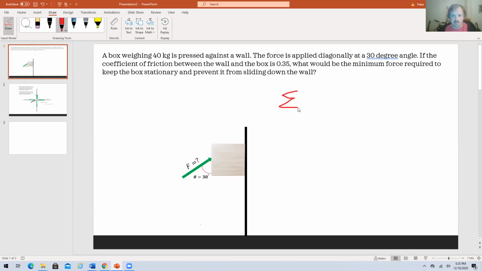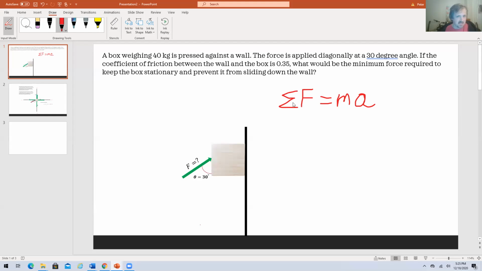Newton's second law of motion says that the sum of all forces acting externally on an object will be equal to the mass of that object multiplied by its acceleration. So if the acceleration is 0, then the sum of all forces acting on the object must also be 0. There's no other thing that this can be if the box is not moving.